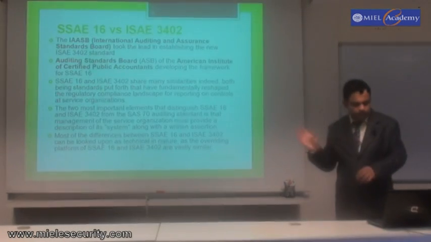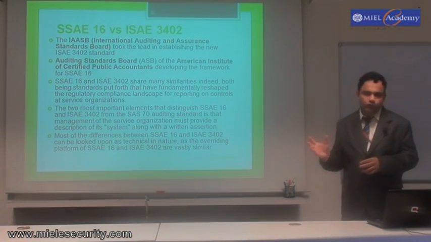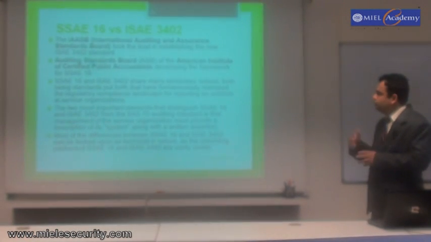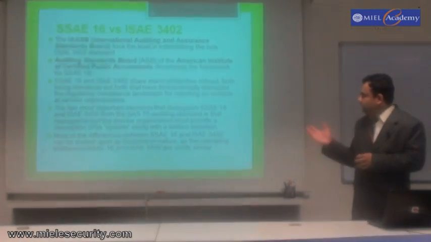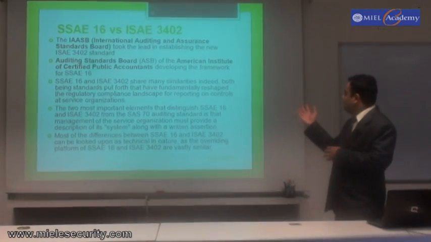So quickly, SSAE aims to align itself with ISAE 3402, but it's not completely similar to ISAE 3402. It aligns with it, but it has certain differences, and it has many similarities.